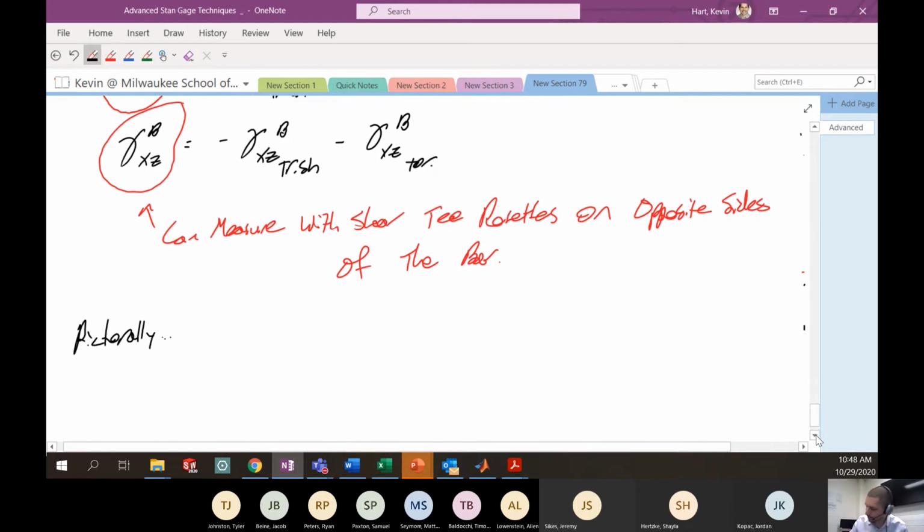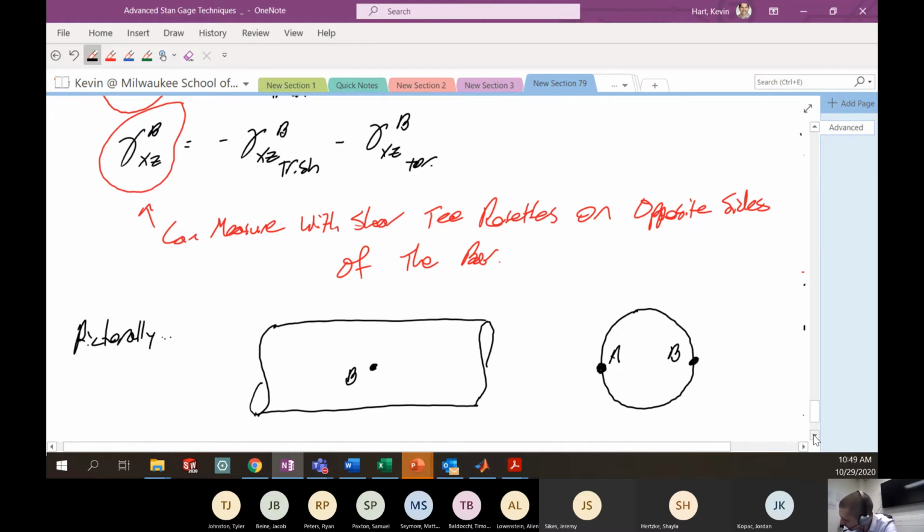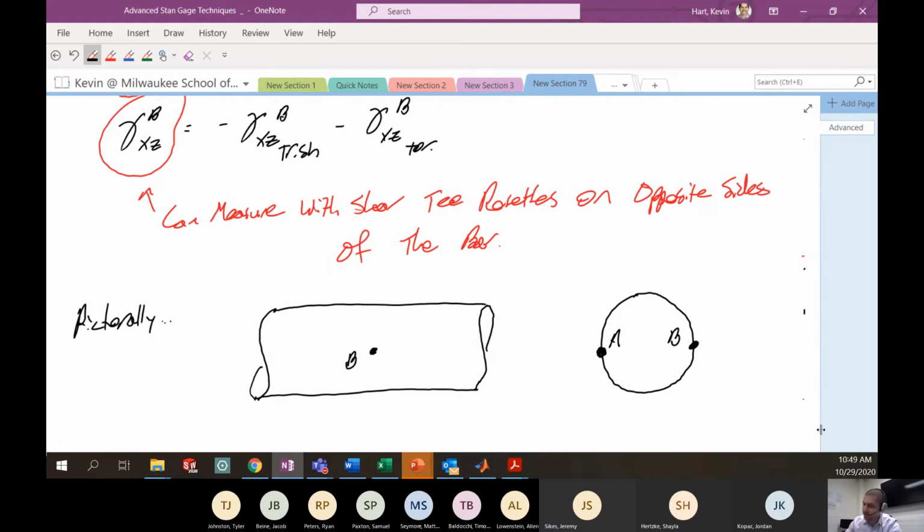So pictorially, this looks something like the following. We have this bar here, and maybe I'm looking at one side of this bar, let's say I'm looking at point B. Generally, looking at the side of this, here's B, here's A. If I want to measure the shear strain at point B, I could do that with two gauges that are plus or minus 45 degrees with my axes of interest.